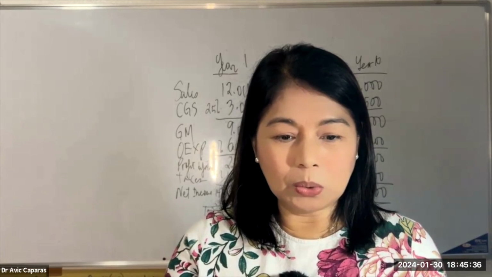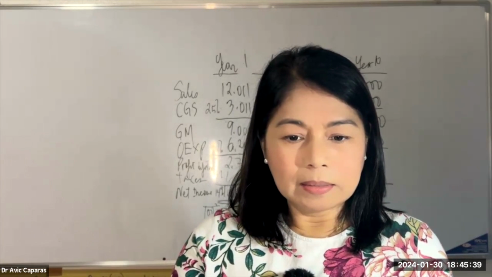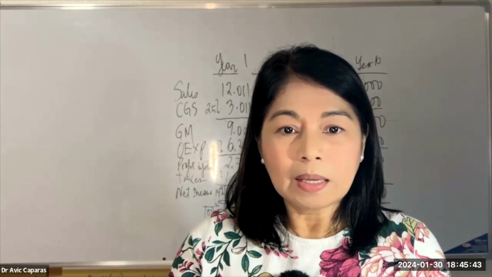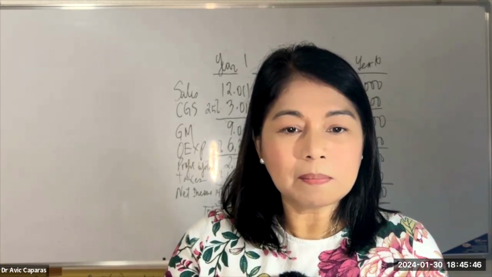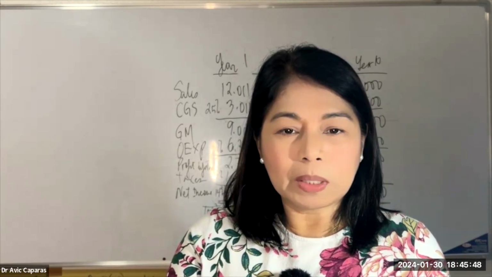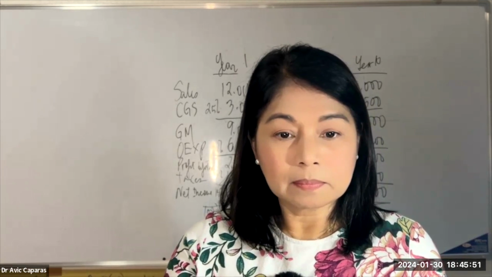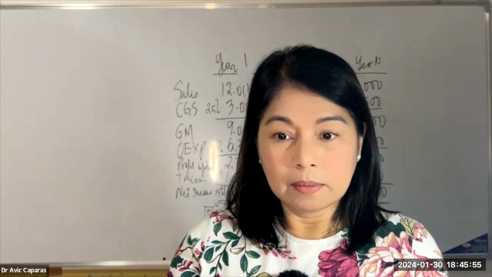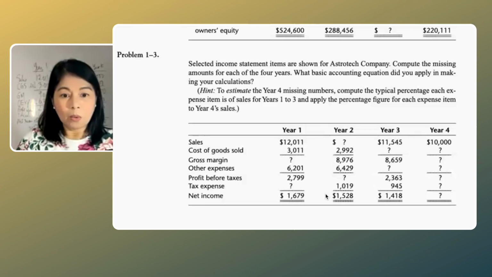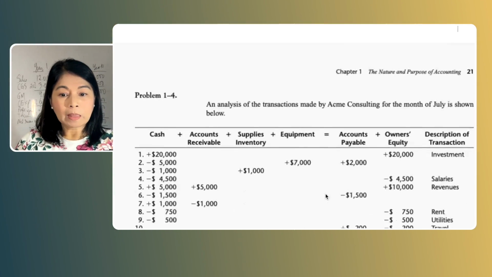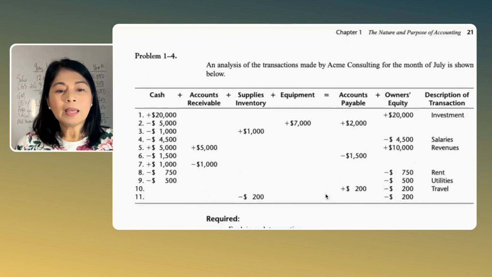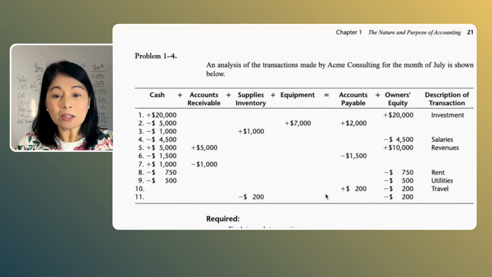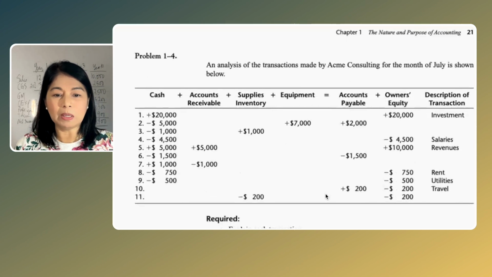Okay, now let's go to, what did we say as the assignment? 1-4, 1-5. Okay, 1-4. An analysis of the transactions made by Acme Consulting for the month of July is shown below.